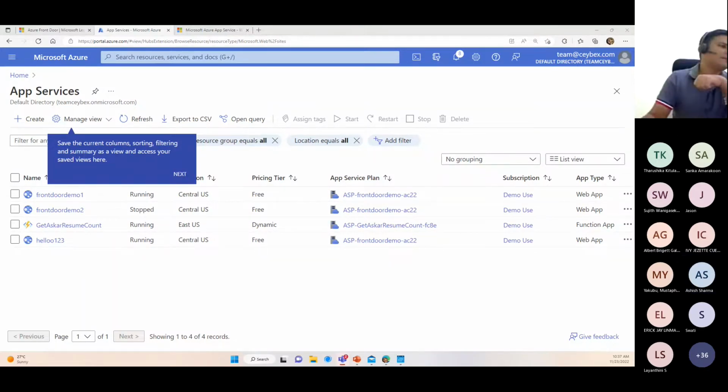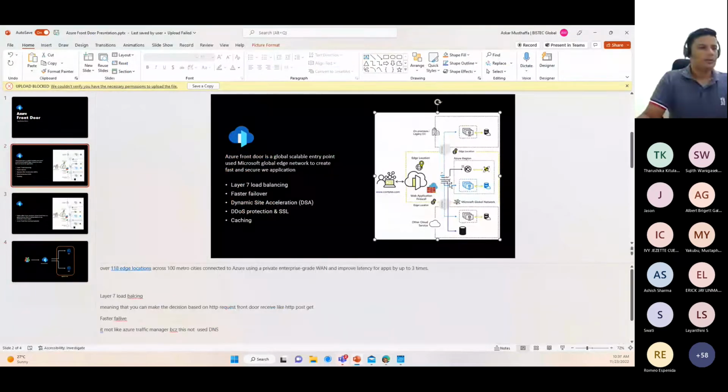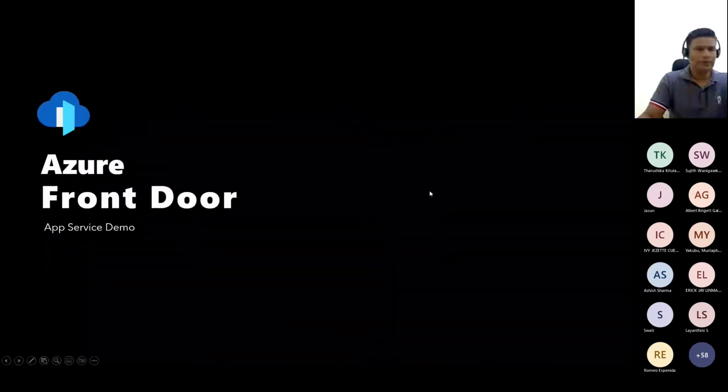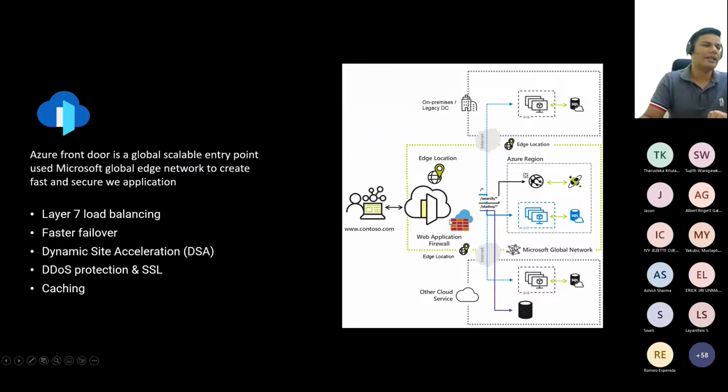Yeah, actually, it has. Right now I have a free subscription, so I couldn't enable the Premium one, so I didn't go through those things. But yes, it has this built in. You see here, this is the web application firewall.